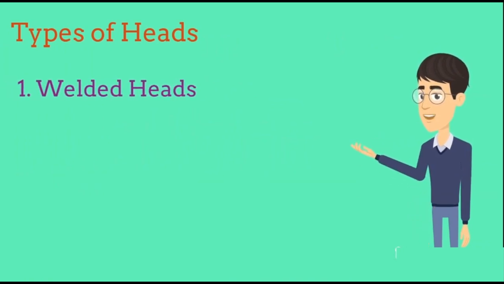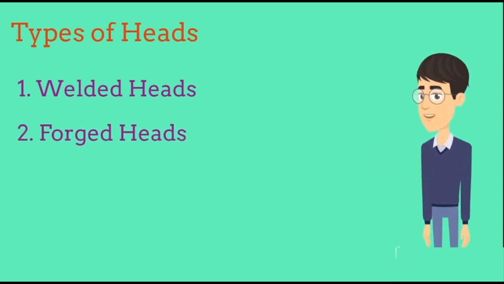1. Welded heads. In this type, the head is welded to the reinforcing bar through methods like stick welding or friction welding. The attachment of the head to the bar is restricted to specific types of reinforcement, such as ASTM A970. 2. Forged heads. Forged heads are created by hot forging the head directly from the bar itself.